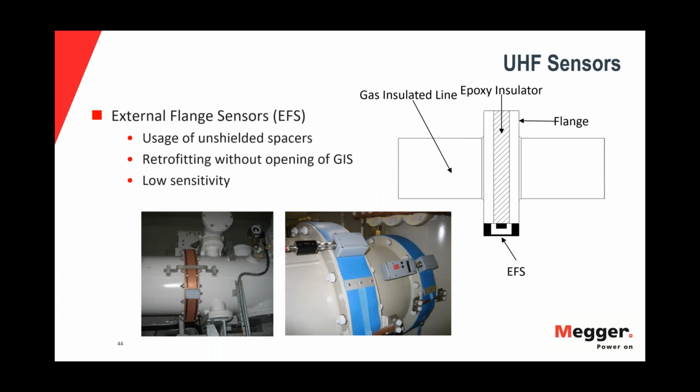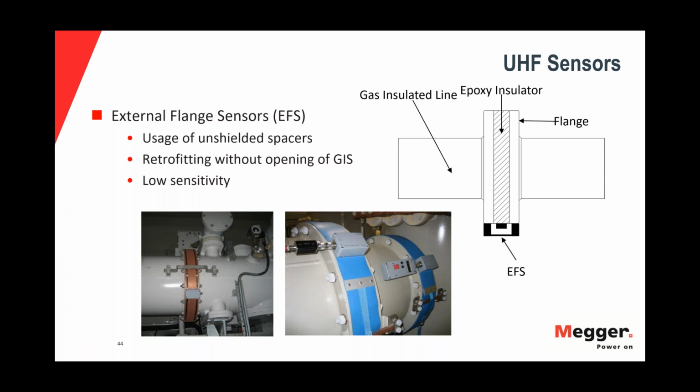There are two types of methods to install the sensors. Usually GIS manufacturers come with built-in sensors. We at Megger are an OEM provider for various GIS manufacturers. However, if you have an old GIS with no UHF sensors, you can retrofit to add sensors.